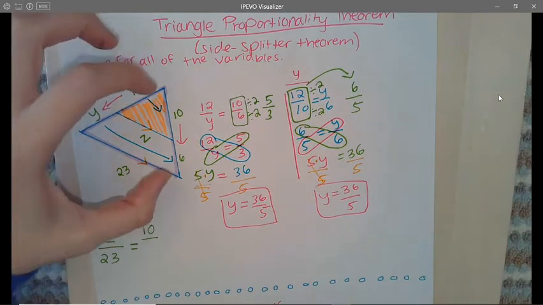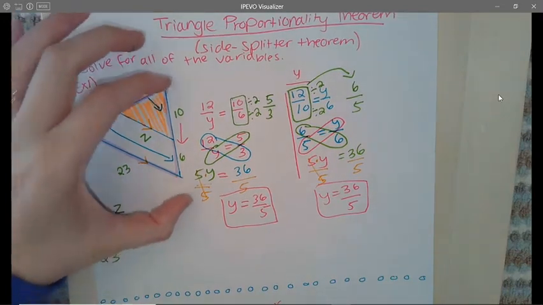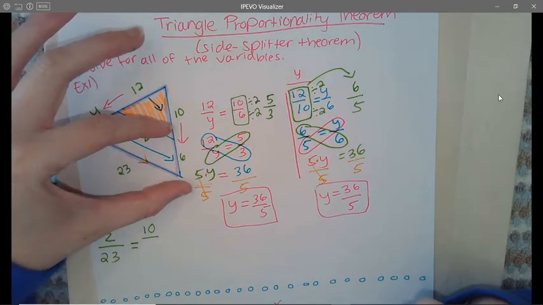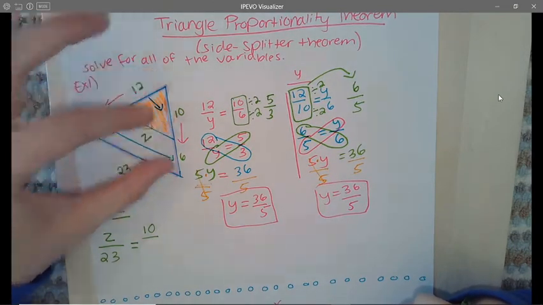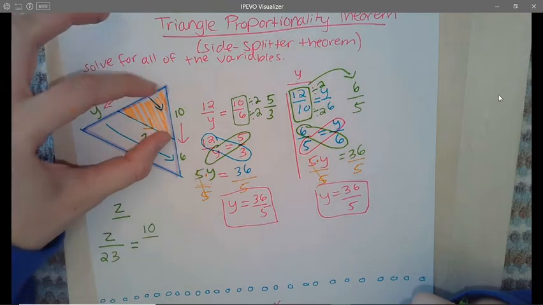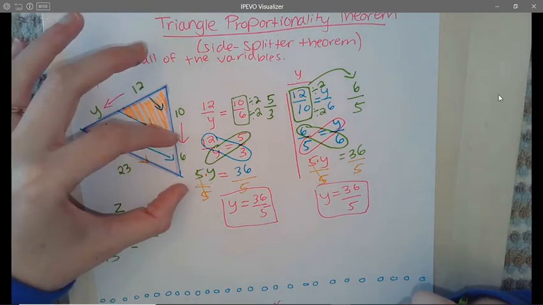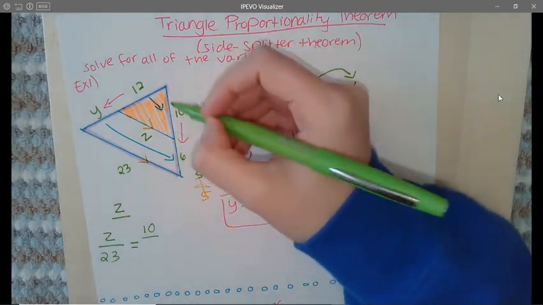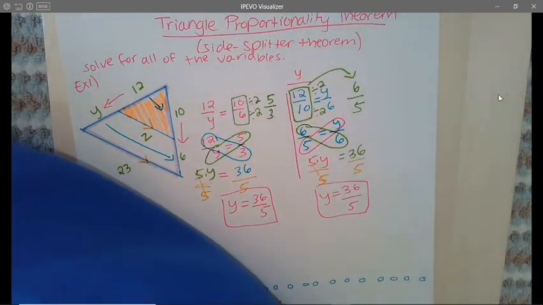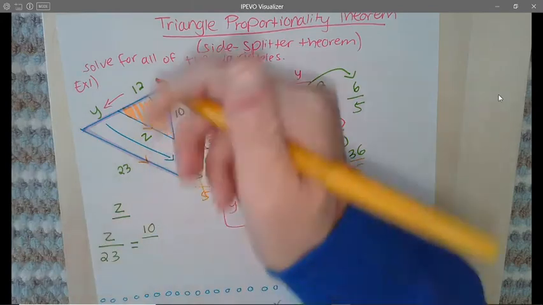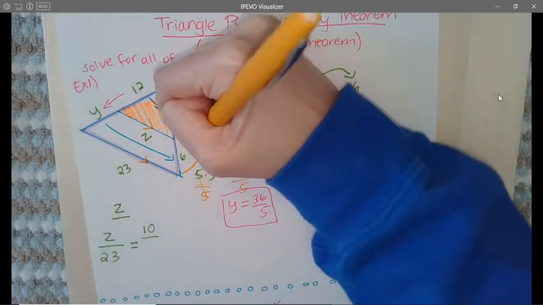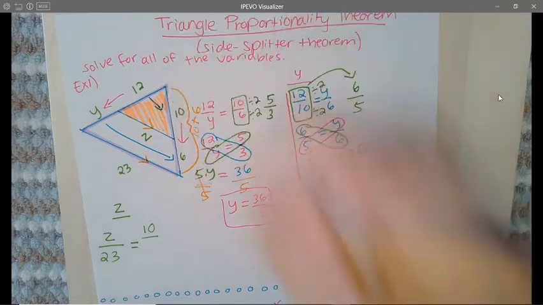How do we find the whole side of this big triangle? Well, this side is broken down into 10 and 6. So how do I find the entire length if one part is 10 and one part is 6? Man, you guys are so smart. I do have to add these two together. So to get the length of this entire side, which I know is going to be a little crazy with all this stuff going on, I'm going to add 10 plus 6.